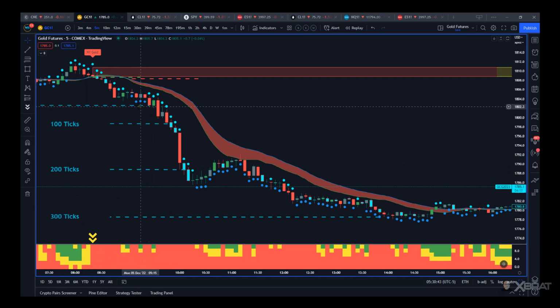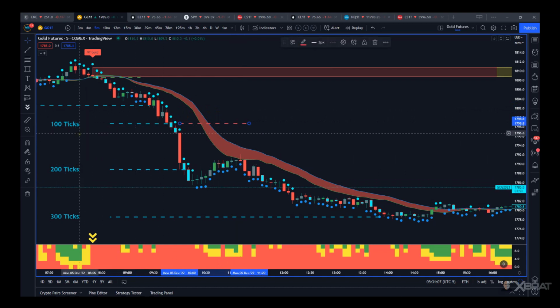When we get to 100 ticks, I move my stop to the 60 tick, our first point of control, to lock in $600 profit. Then once we get to 200 ticks, I move my stop to 100 ticks. It's very, very simple. I'm giving it lots and lots of fresh air.